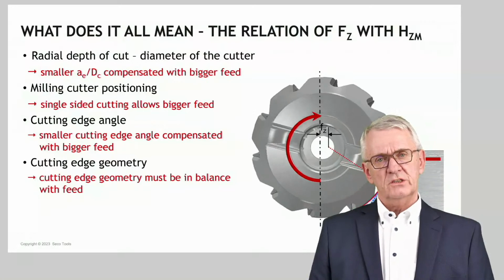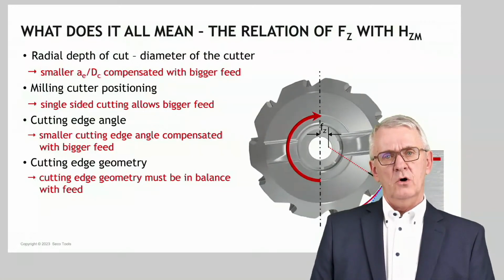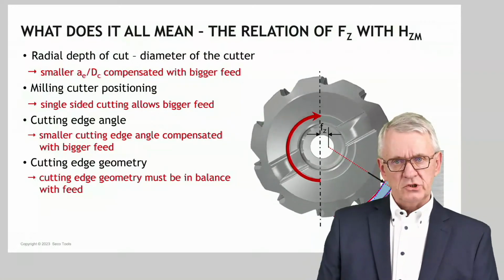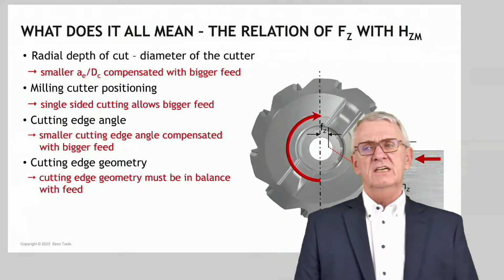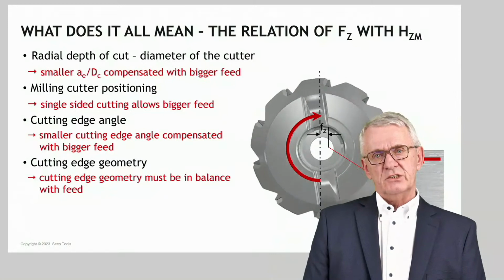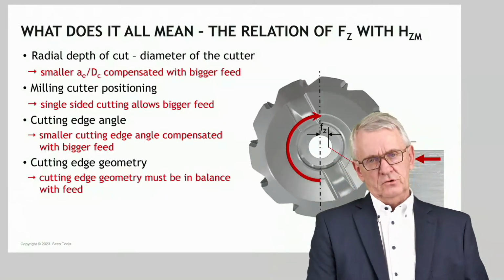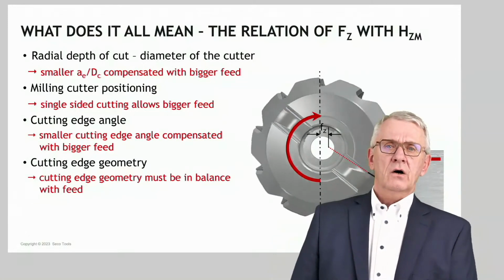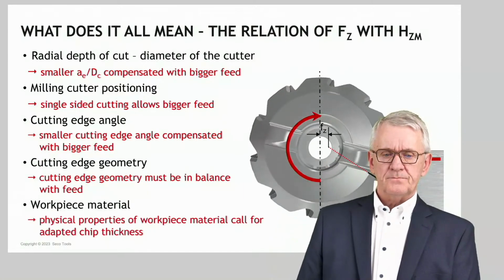Cutting edge geometries, you have sharp, you have strong. The two are kind of opposite to each other. To make sure that both function with their full capacity, the feed needs to be modified, as the average chip thickness should be different depending on whether you use a sharp cutting edge or a strong cutting edge.